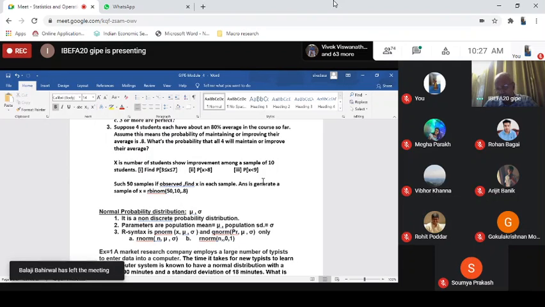Asking you, generate a sample of X. That is, in each group, how many have higher chance of improvement? Every one of you get different answer now. Everyone, even me, you, because samples are different from person to person.